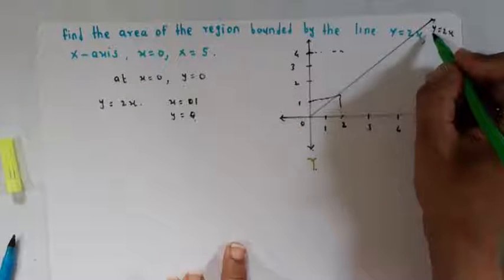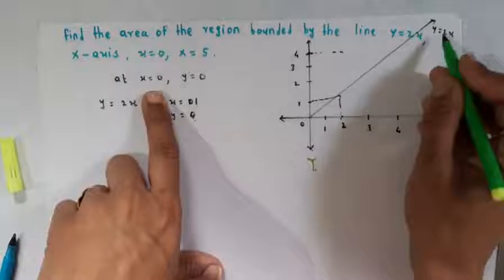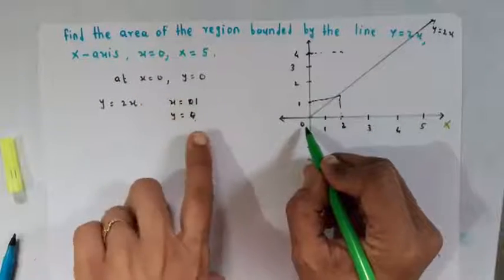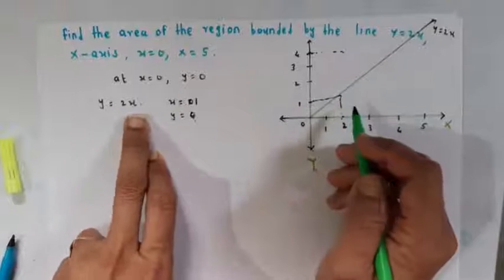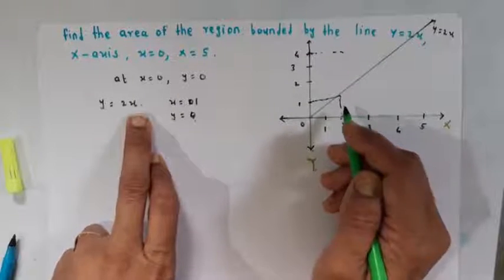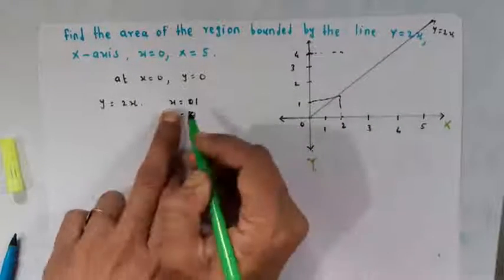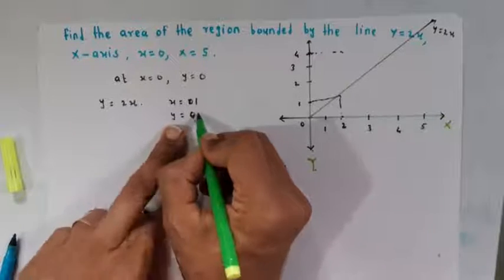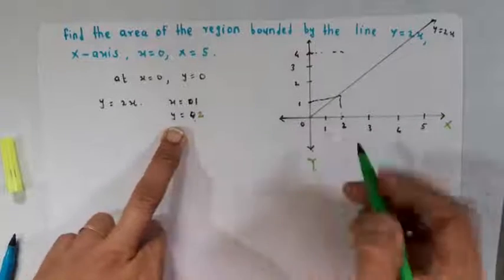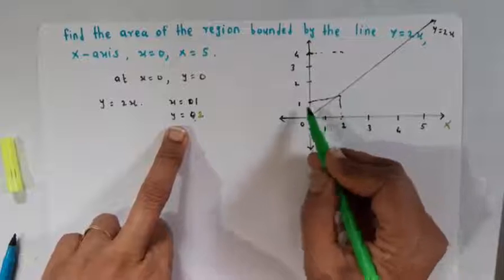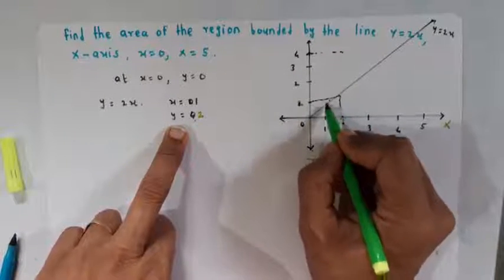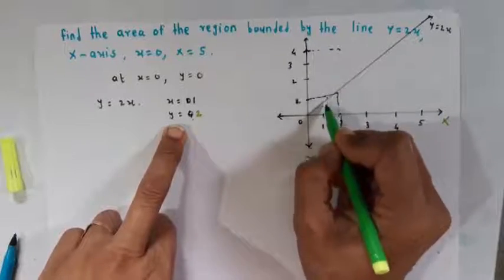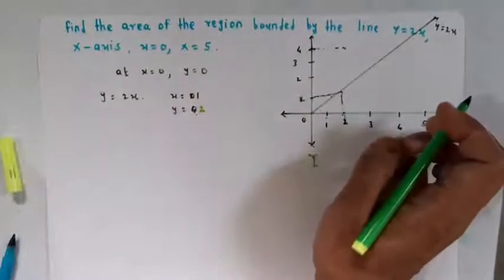So this is the line. At x equal to 0, y equal to 0. When x equal to 1, y equal to 2. In this way the line is there.